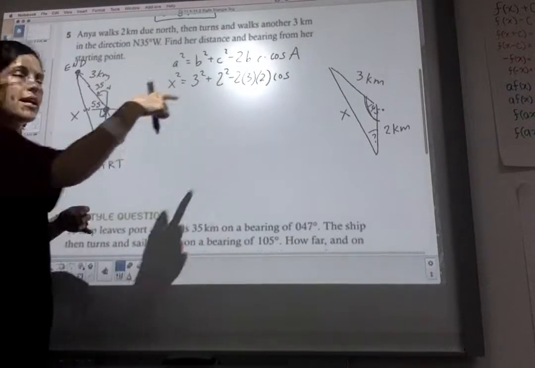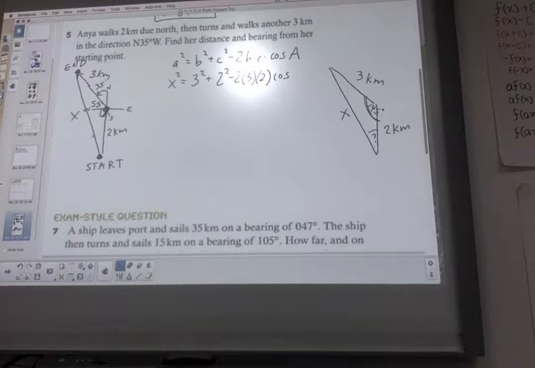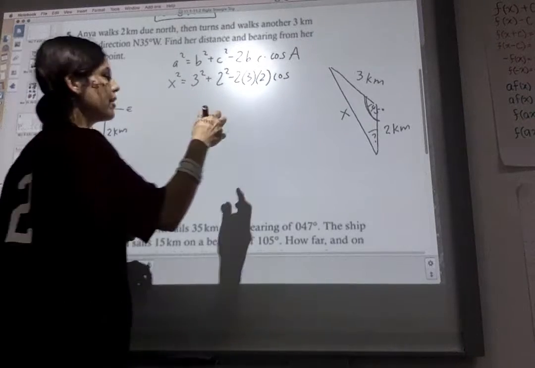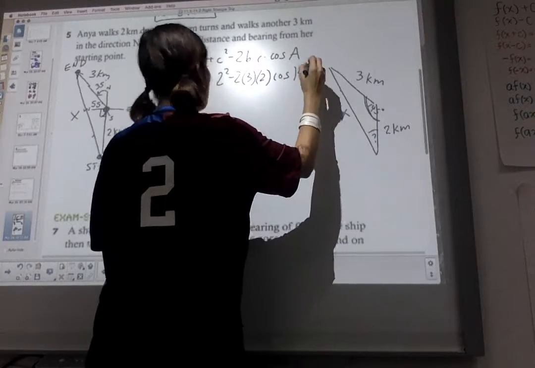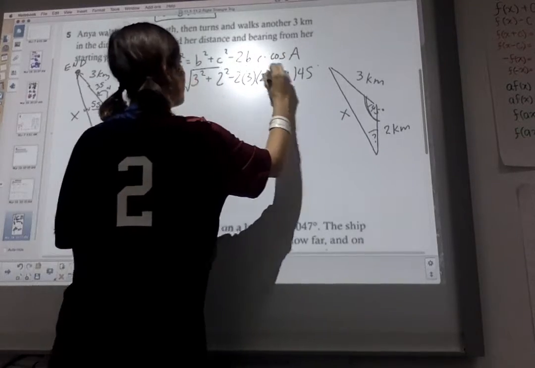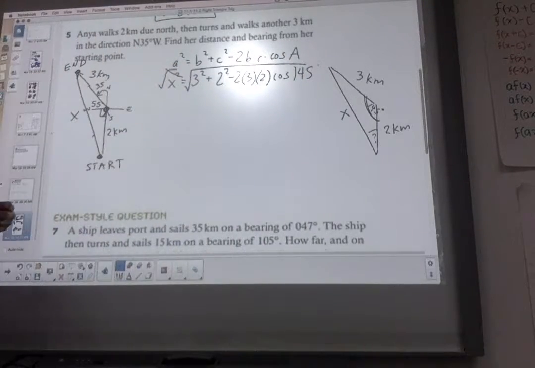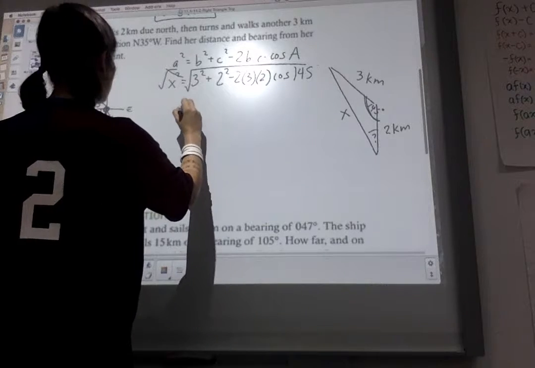And who is the angle that I put cosine to? The one opposite the x, the 145. And then, as Liam says, square root the whole thing, and then punch that in your calculator. 4.78. Somebody confirms? Yes.